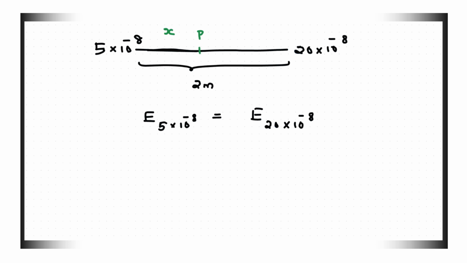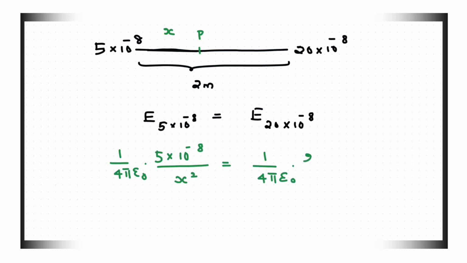So we have 1 by 4 pi epsilon 0 5 into 10 raised to minus 8 divided by x square, equal to 1 by 4 pi epsilon 0 20 into 10 raised to minus 8 divided by 2 minus x the whole square.